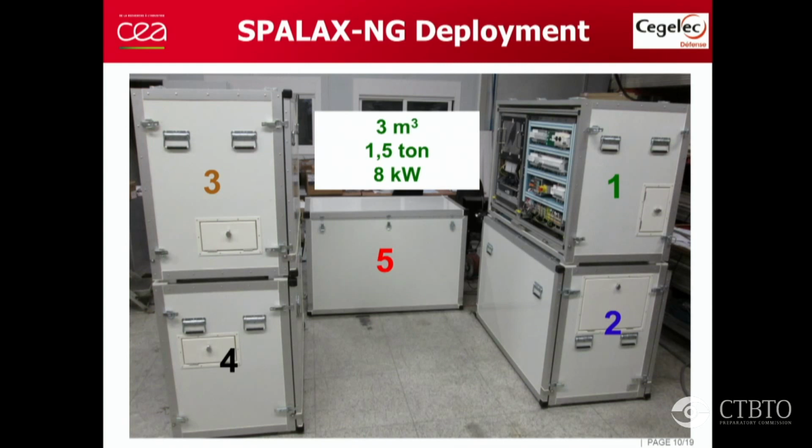So the philosophy is to put the system into 5 closed boxes when operating, and the overall is 3 cubic meters for 1.5 tons and about 8 kilowatts of power.